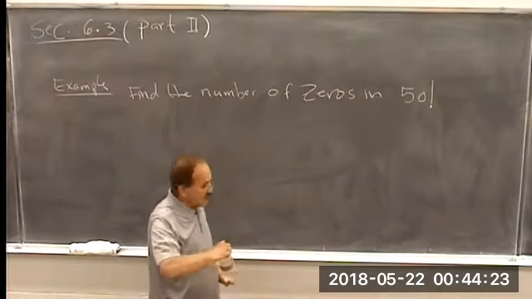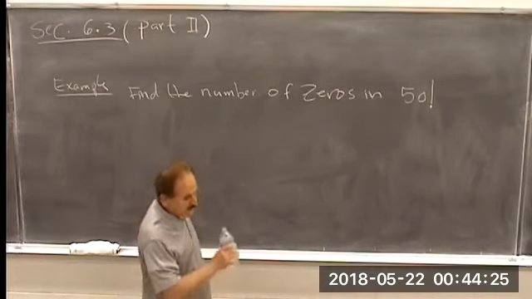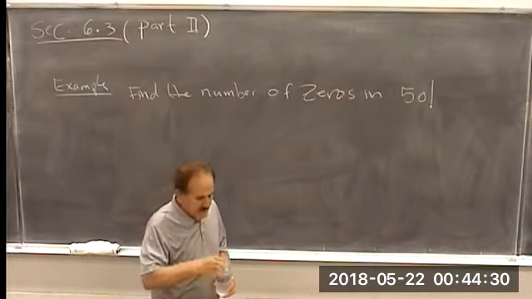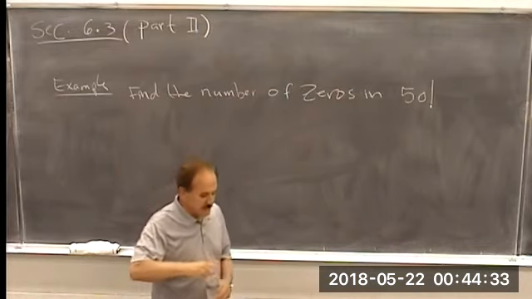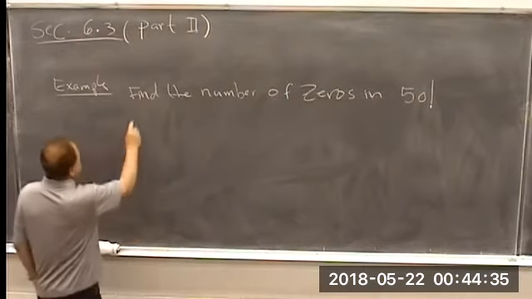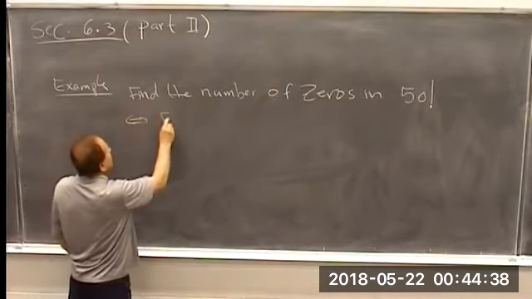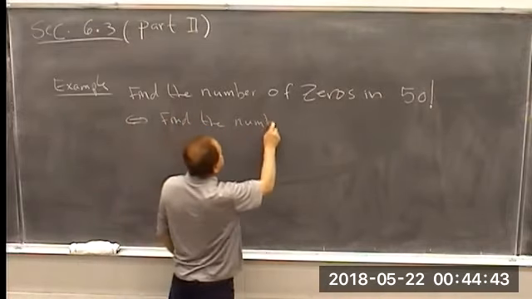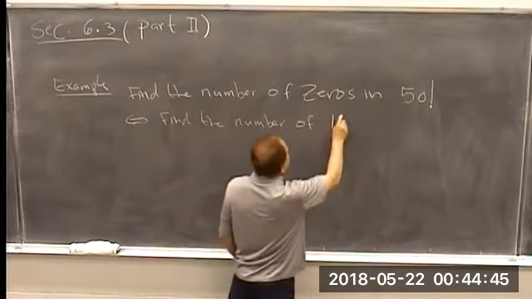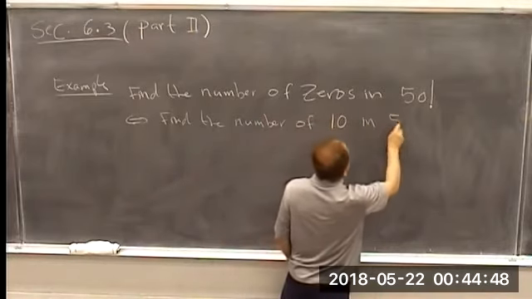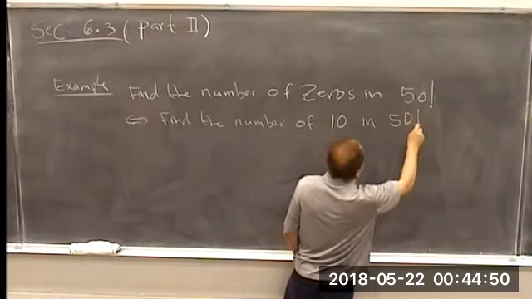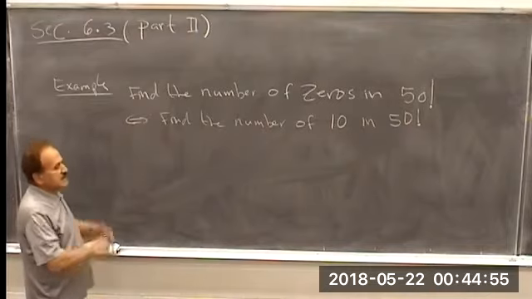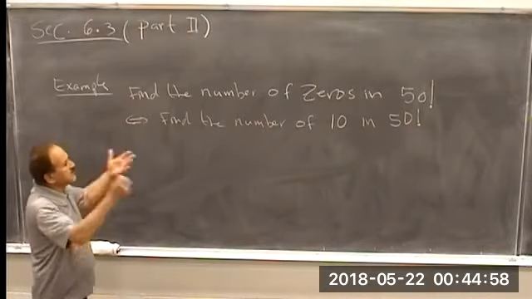Actually, this question is equivalent to finding the number of tens in 50 factorial. If I find the number of tens, when we multiply, these will be 10 to a certain power.